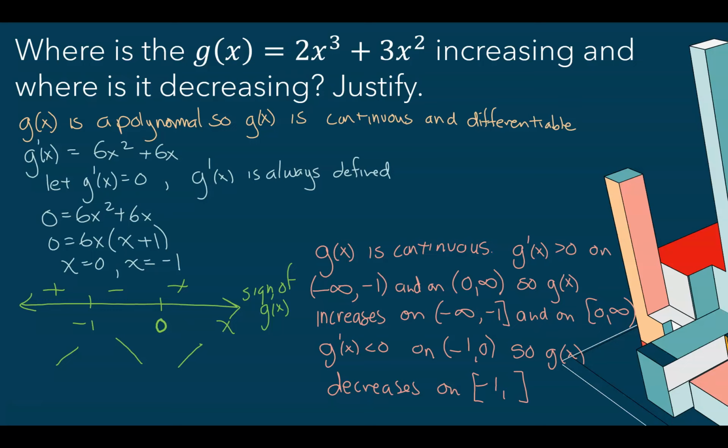We're not real strong on set notation anymore because we've accelerated everything, so that's one of the things that got a little lost. But maybe trust me on that. Anyways, g of x increases on negative infinity up to including negative 1. Notice the closed endpoint here. And on the closed interval from 0 to the open endpoint infinity. g prime is negative on negative 1 to 0, so g of x decreases on negative 1 to 0.